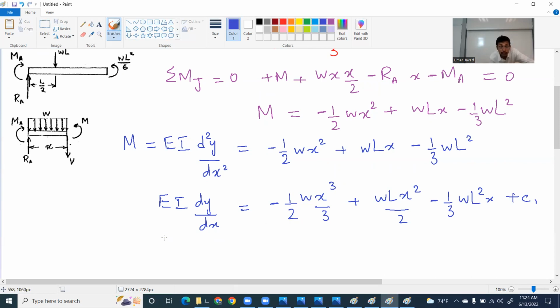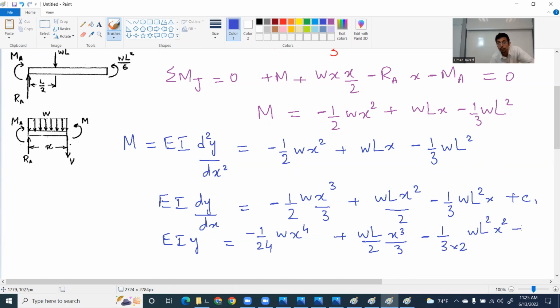Now, what is EI multiplied by y? It will be minus 1 by 24 W x power 4, then plus WL by 2, x power 3 divided by 3, then minus 1 by 3 multiplied by 2, WL square x square, plus C1 x plus C2.